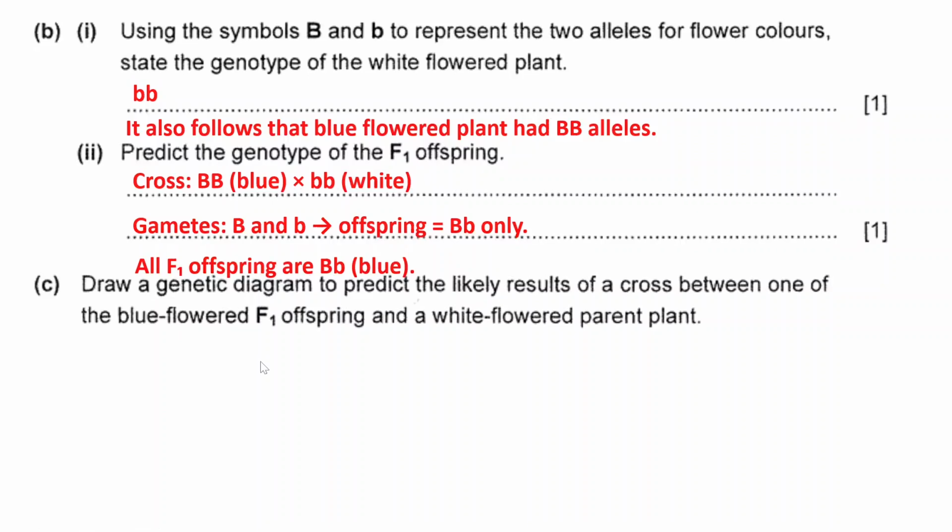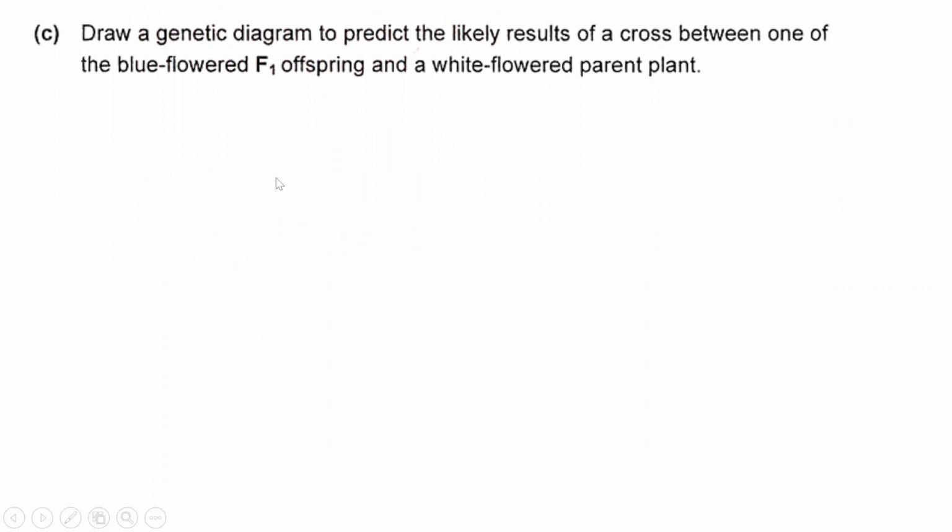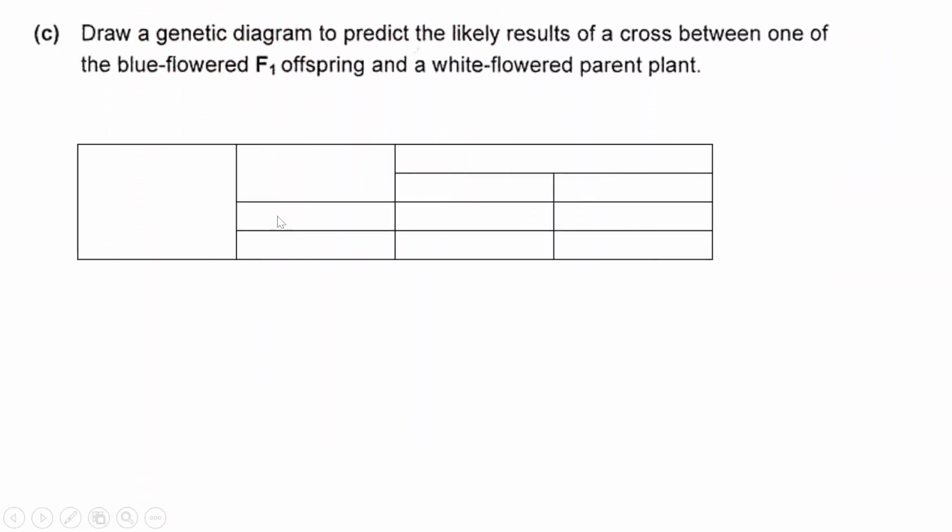In answering this one, I like using the Punnett diagram. There's the Punnett table which I am going to use now. In this Punnett table, this side we can have the white flowered plant, which is a parent. Then here we can have a blue flowered plant. Actually, this one is an F1, so it should be the F1 blue flowered plant. Okay, so I've changed it.